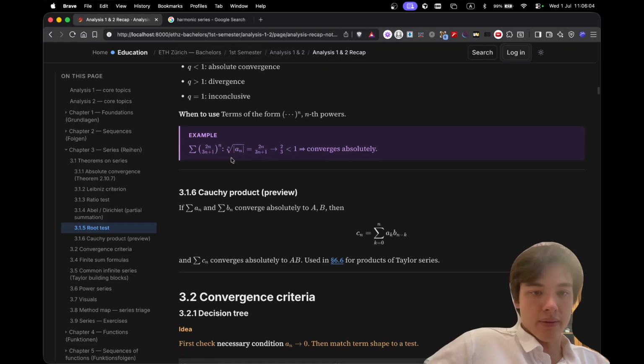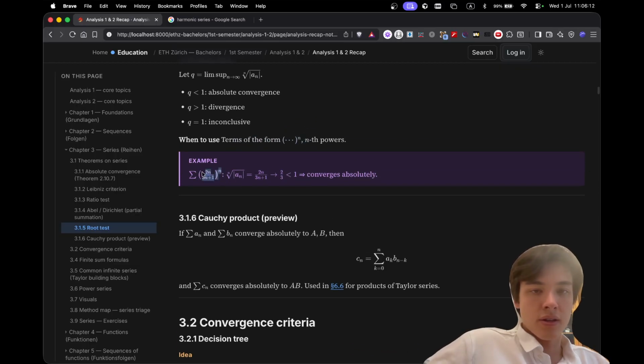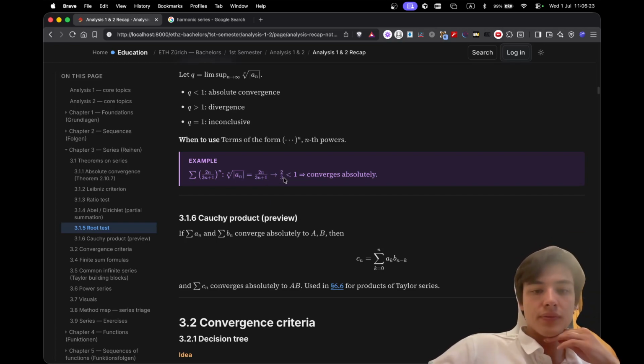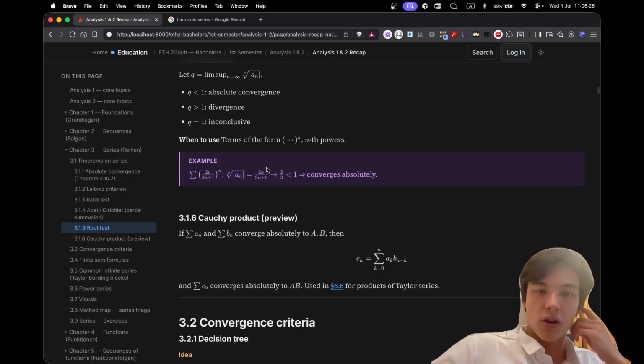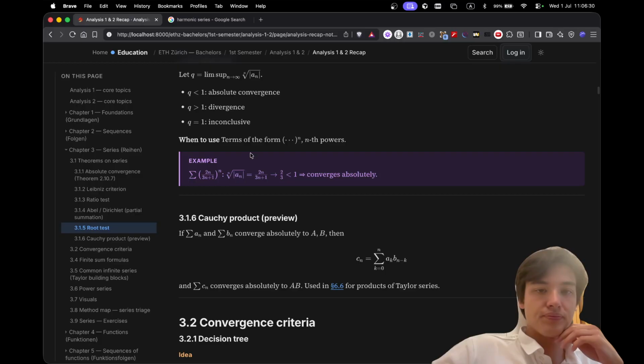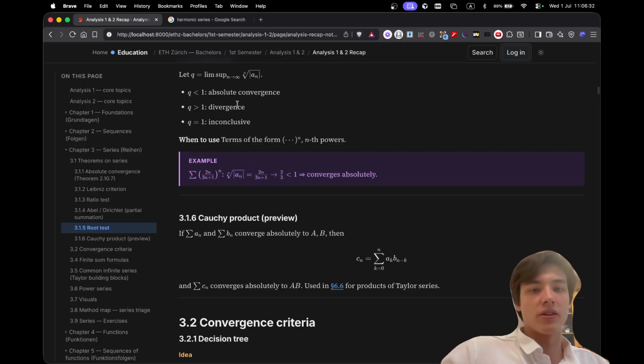Let's look at an example. We have something in the power of n, so we can take the nth root and just see the inside. If it's smaller than 1, then it converges. It makes sense, right? If we have a number smaller than 1 to the power of n, then it converges.